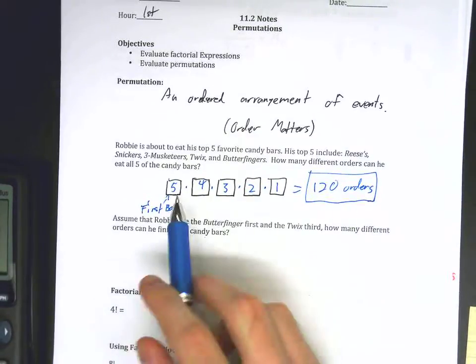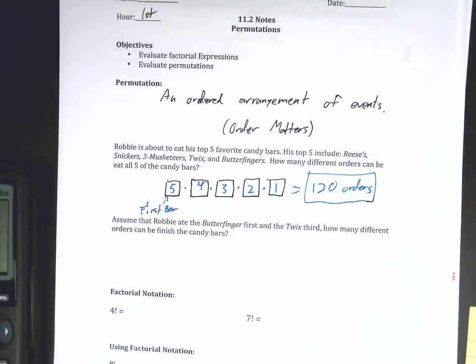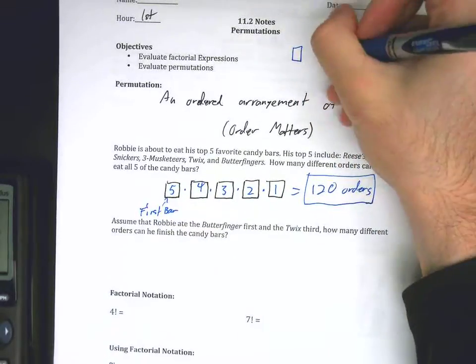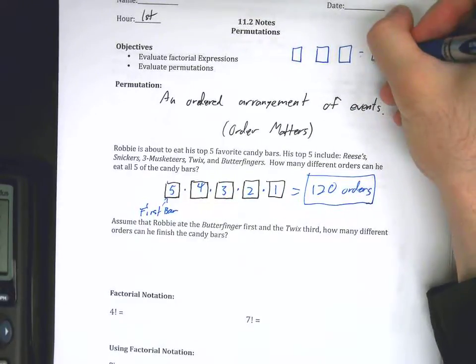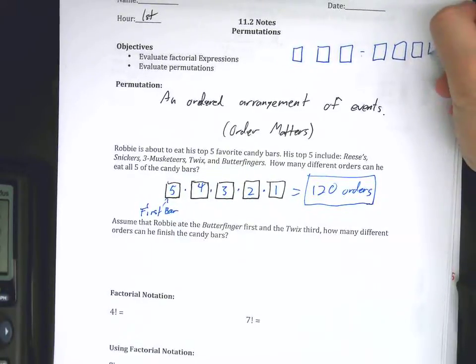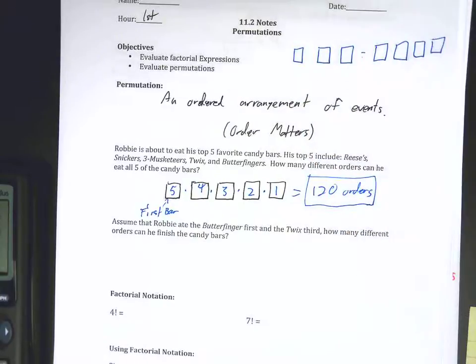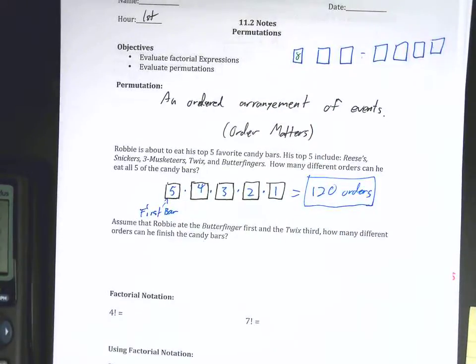And the reason we wanted to count down is because once he consumes them, he doesn't have it left. Unlike with Thursday where we had a phone number. So when we were talking about phone numbers where we had 7 boxes, I'm going to write this up here. You don't have to write this down, but I just want to point out the difference between these. If we had our phone number with 7 boxes, we could reuse the same numbers again, right? This first box had only 8 possibilities because it couldn't have a 0, 1.